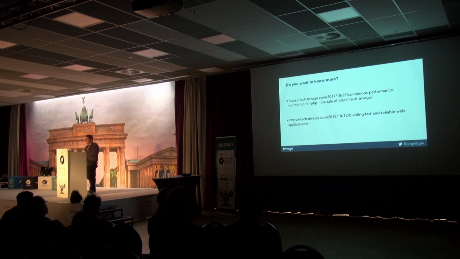So for every commit to every pull request at Trivago, there will be one comment in that pull request that will say how much memory and how many seconds or milliseconds the page took to load. Right now we are only doing memory and response time, but we also have network traffic and stuff like that.